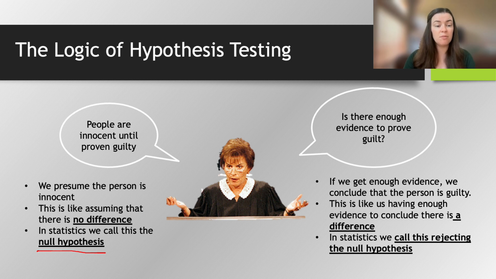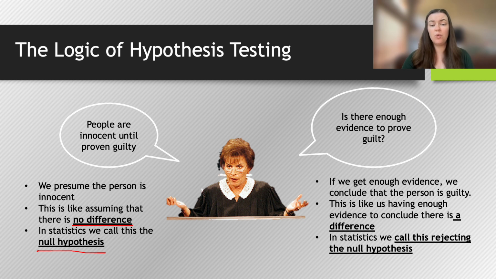And so that's where our statement of no difference comes in, right? We're not saying they're guilty or that they did anything. We're assuming the entire way that they are innocent, just as they were before they entered the criminal justice system, unless proven otherwise. On the flip side, on the right side of our graphic, our question essentially revolves around whether there is enough evidence to prove guilt. If we get enough evidence, in other words, if our statistics support our alternative hypothesis, we could find that the person is guilty.